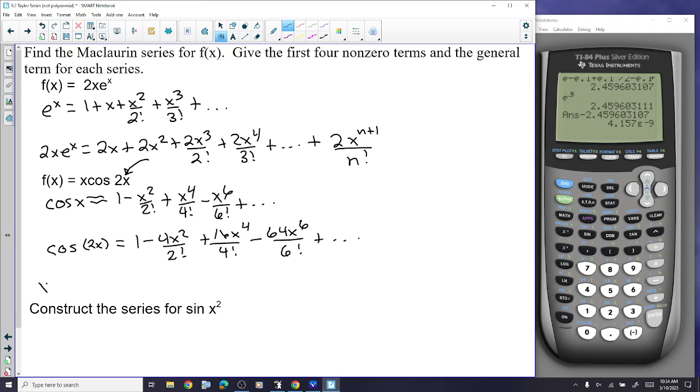And now we're going to multiply all that by x. And we're going to do it real slow because my computer is lagging. Plus 16x to the 5th over 4 factorial. 64x to the 7th over 6 factorial.